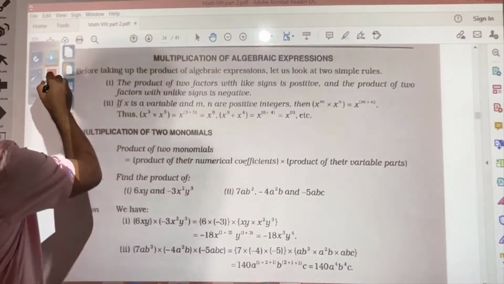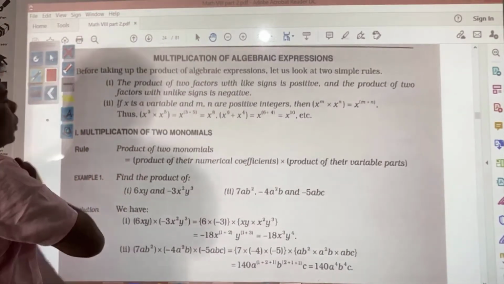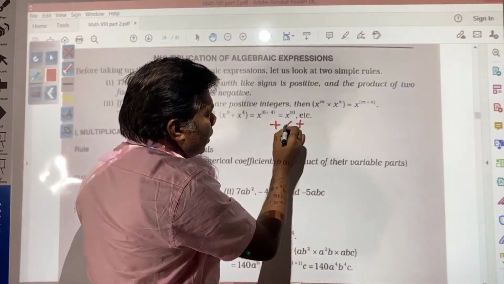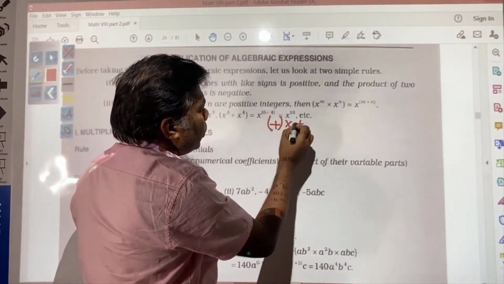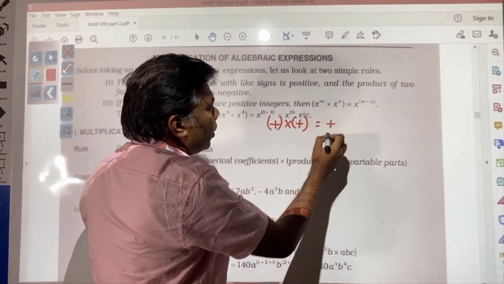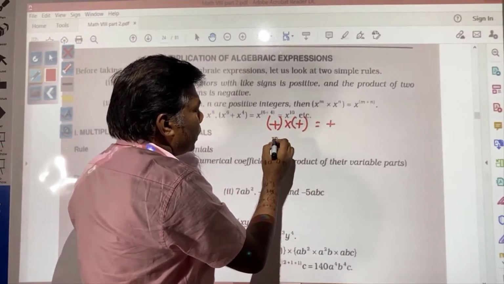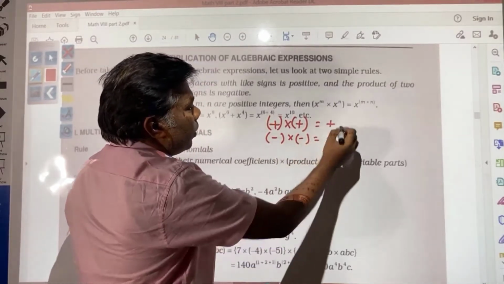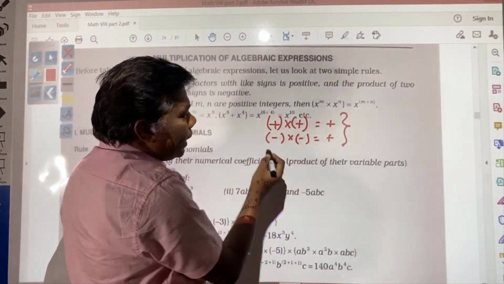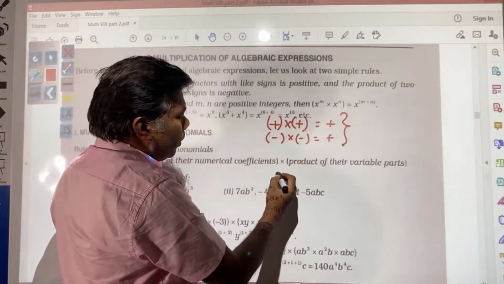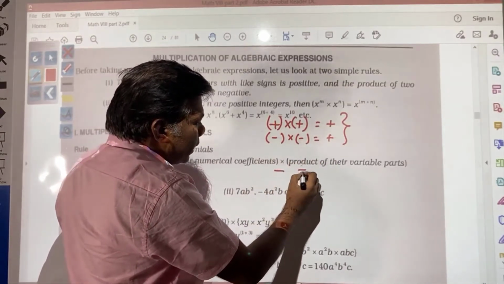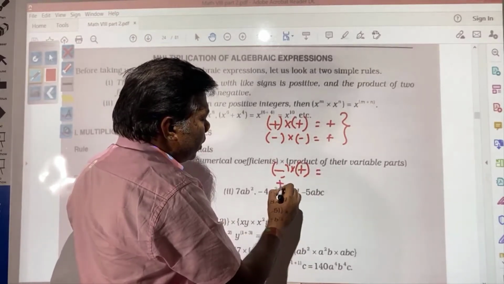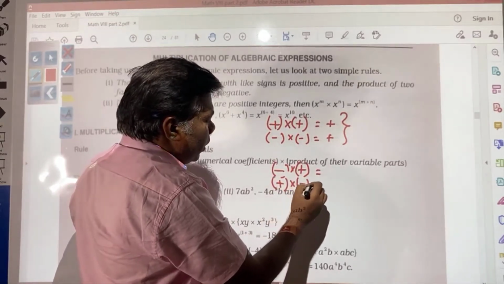Plus into plus will be positive, minus into minus will be positive. Product of two unlike signs will be negative.